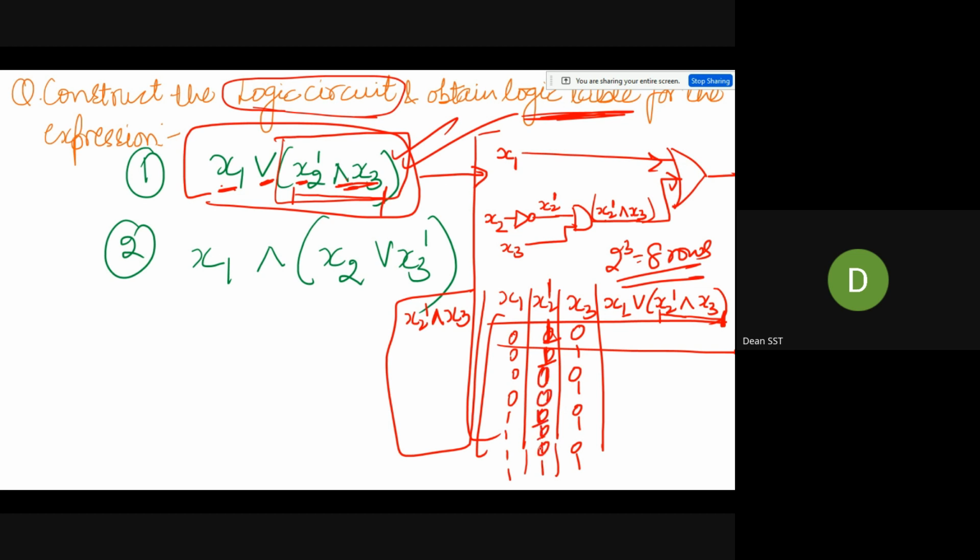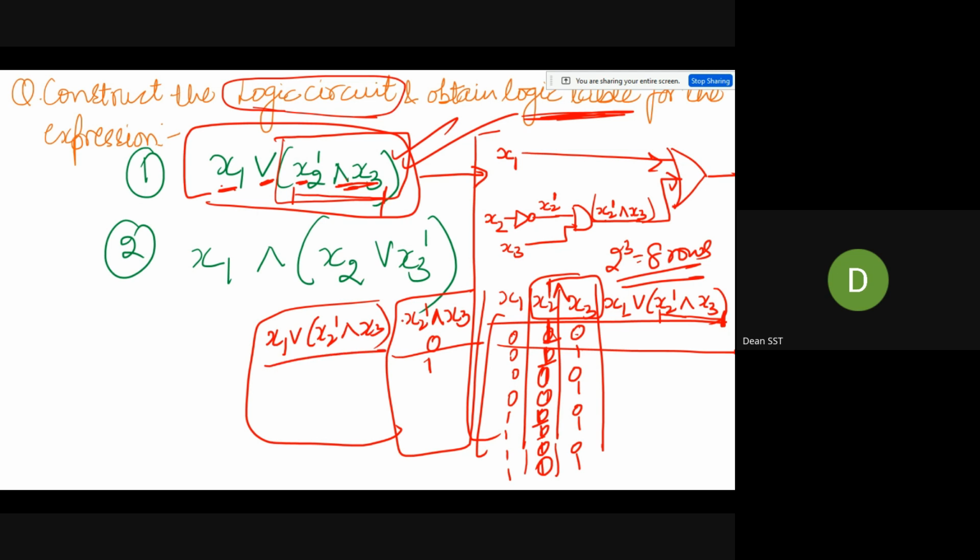Then X2 bar and X3: 1 and 0, 1 and 0, 0, 1 and 1, 1. Now you need X1 or X2 bar and X3, and you can finally calculate. Step by step you can perform. Is it clear, class?